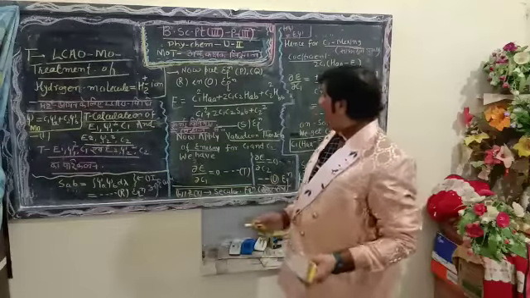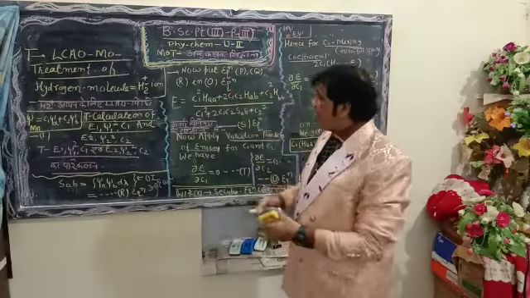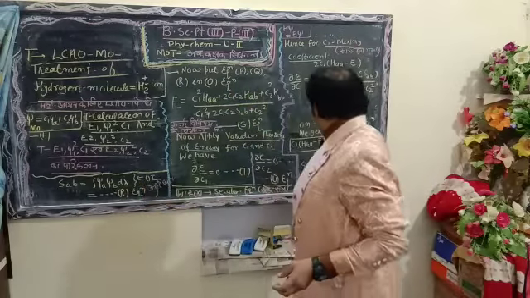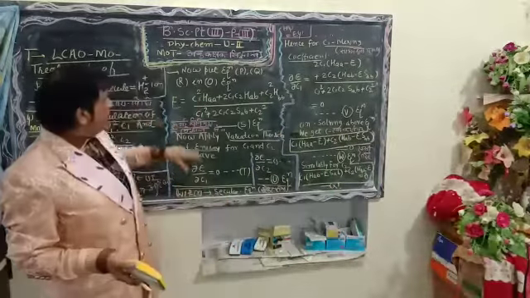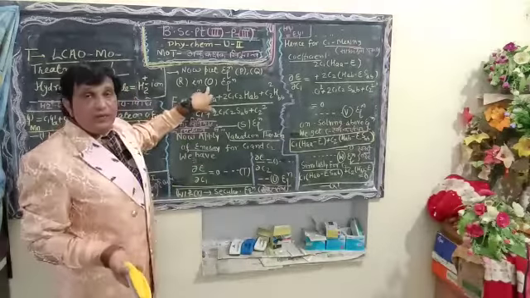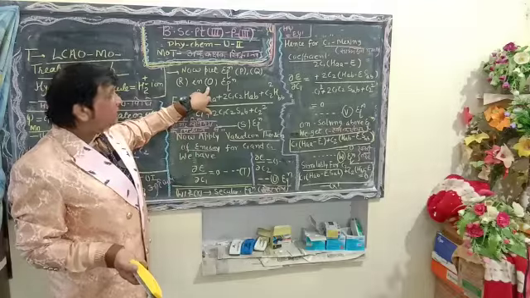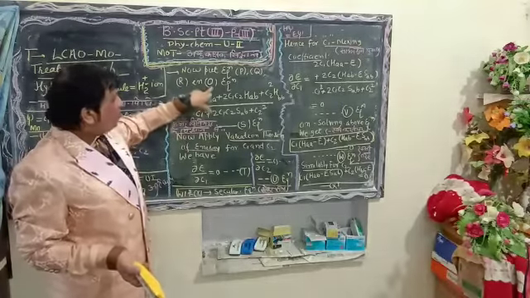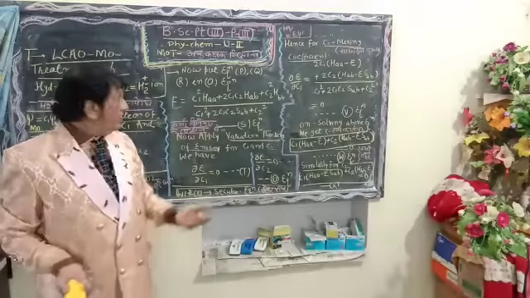Now put down the equations P, Q, R, O, which we derived in the previous lecture, and we substitute them here in the O equation mentioned in the previous lecture.